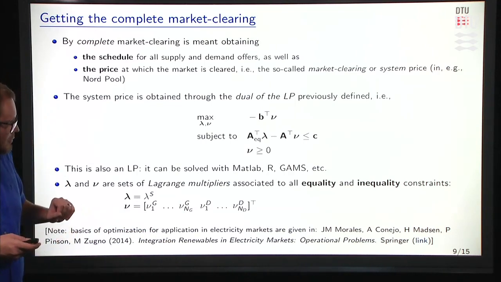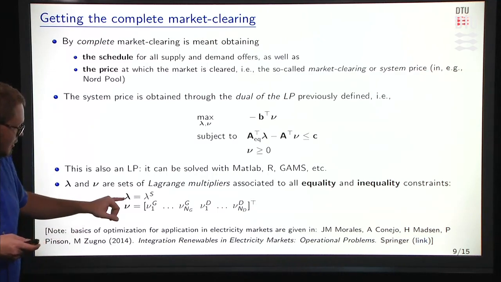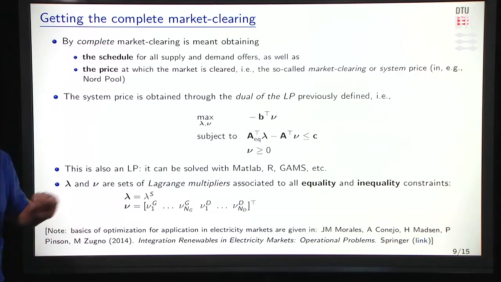Here, our dual variables correspond to our various constraints. We have a single lambda, which relates to our equality constraint, and eventually, this is going to be the price which we associate to the equilibrium. So the equilibrium price, market clearing price, or system price.